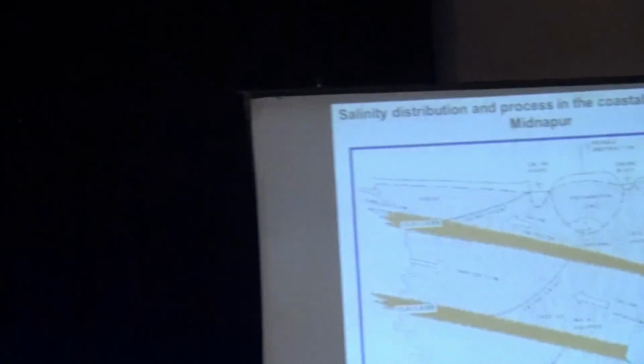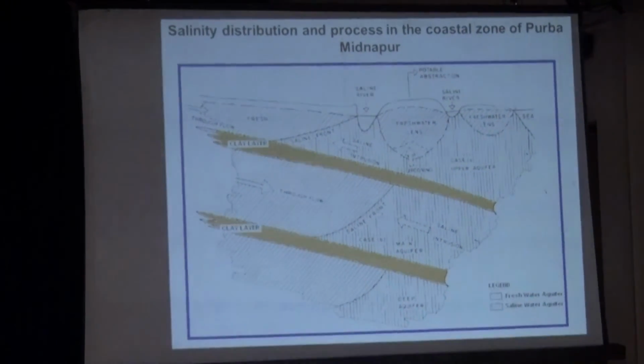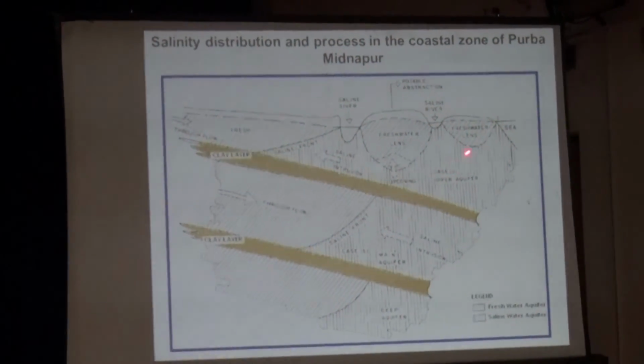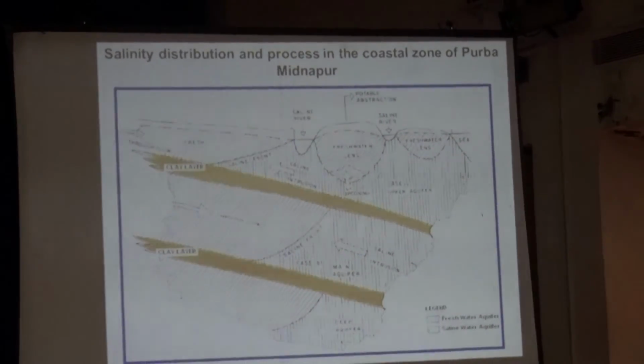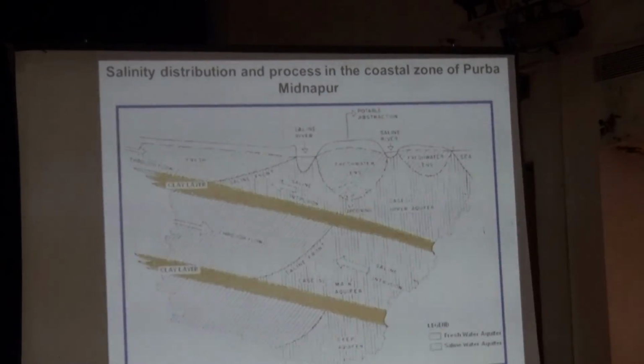Post-monsoon depth, obviously higher because the water level goes higher after the monsoon. Next slide. This is a pre-monsoon piezometric surface contour. Next slide, please. Then a 3D pictorial view of the piezometric surface pre-monsoon contour, 2006. Next slide, please. Then salinity distribution and processes in Purba Medinipur, but we were not able to model all this heterogeneity because it's far too complex to be modeled mathematically.